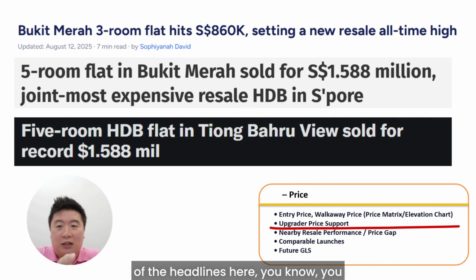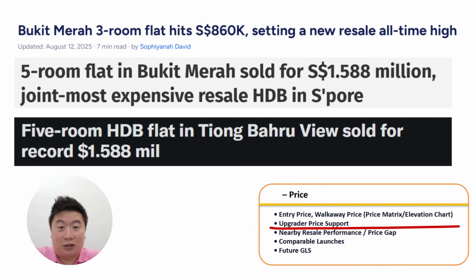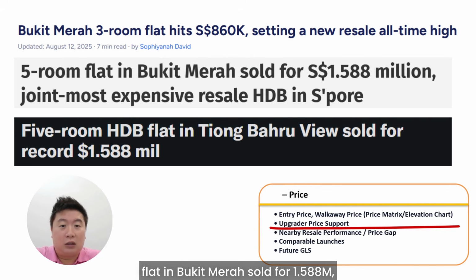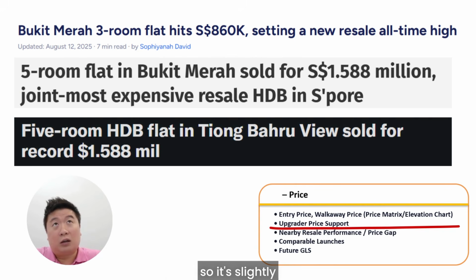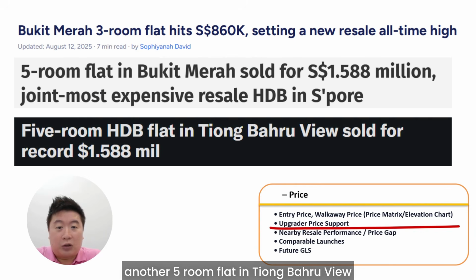And just a few of the headlines here, you have Bukit Merah 3 room flat hitting 860K, although the record is still Queenstown at 925K. And 5 room flat in Bukit Merah sold for 1.588 million. So it's slightly lower than the Queenstown, which was like 1.7. And there was also another 5 room HDB flat in Tiong Bahru View, for the record 1.588 million as well.